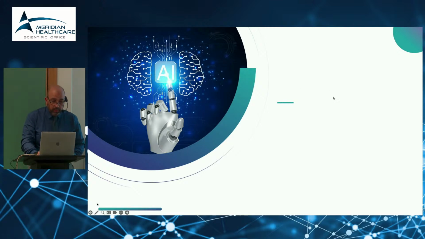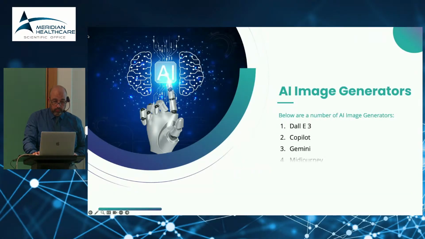So let's try Gemini, from Google. We have DALL-E 3, which is built into ChatGPT, Copilot from Microsoft, Gemini, Midjourney, Canva, Adobe Firefly, and another application from Adobe, which is Adobe Express.